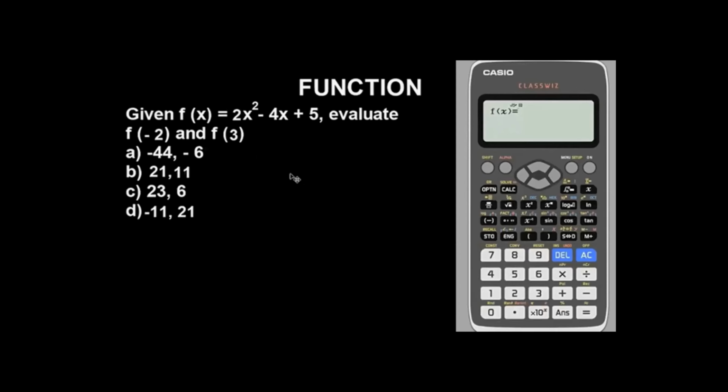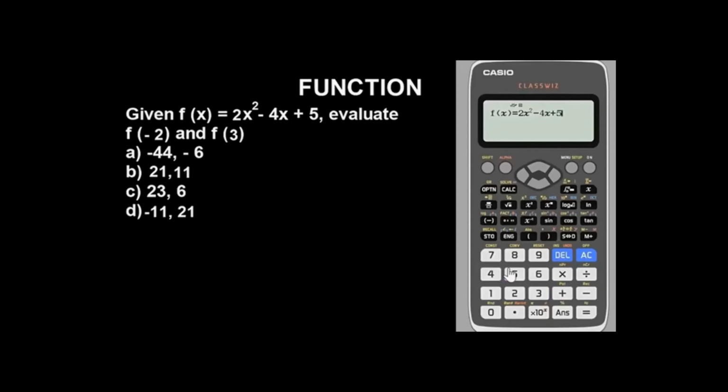So either I use y or f(x). Don't be confused when you see f(x); f(x) is the same thing as y. So f(x) here, that's y equals 2x squared minus 4x plus 5.